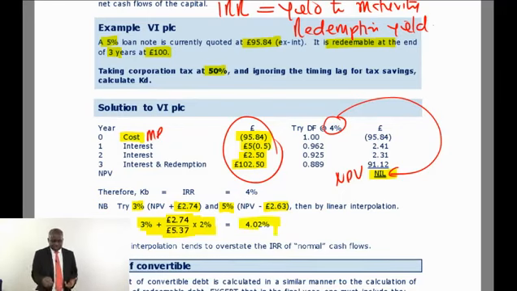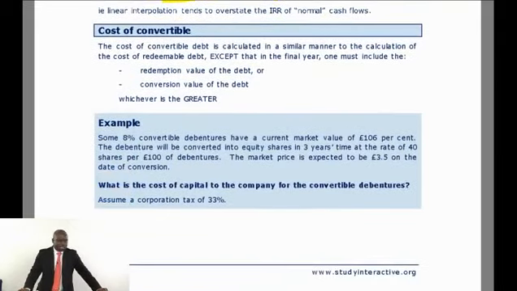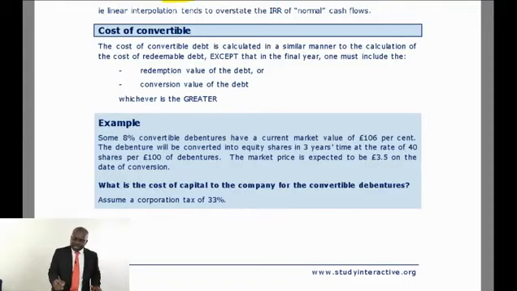We all know that, which is close to 4.02. So when you pick the first rate and it gives you an NPV which is very close to 0, that is what you are looking for. Okay, what is the cost of a convertible debt? The cost of a convertible debt is straightforward, the internal rate of return.